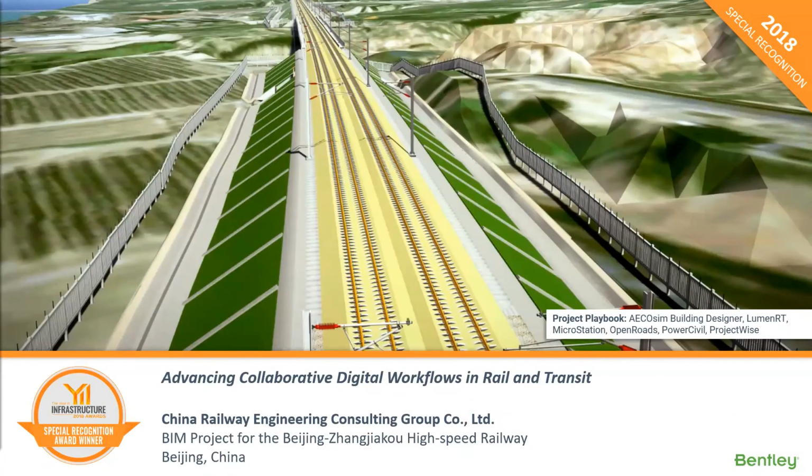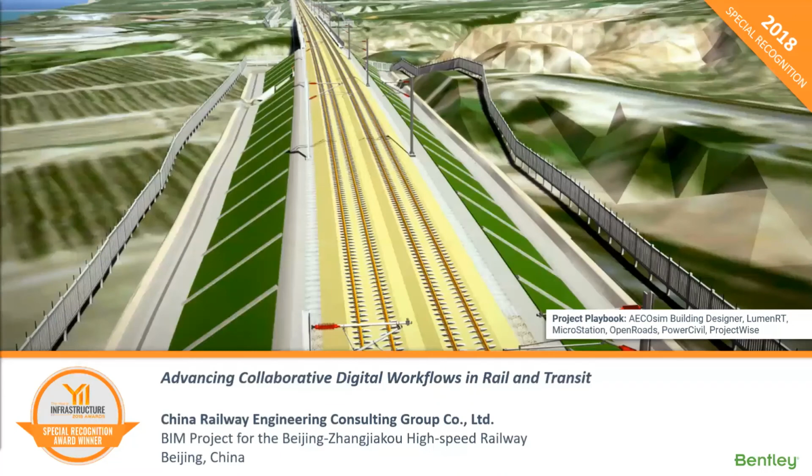One example is the high-speed rail project from Beijing to Zhangjiakou in China. This is an example of a project which used mostly Bentley solutions, including OpenRail, OpenBridge, as well as Open Building Station Designer. They won an award back in 2018 at the Year in Infrastructure event.